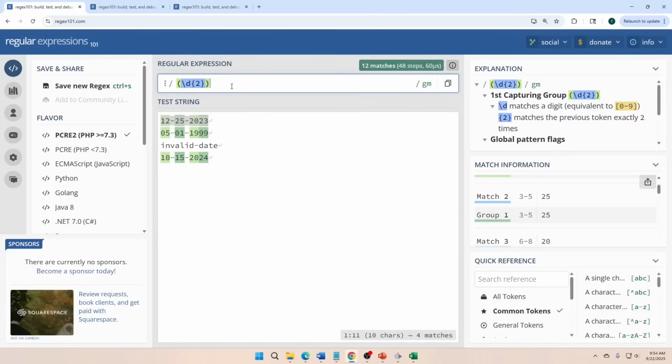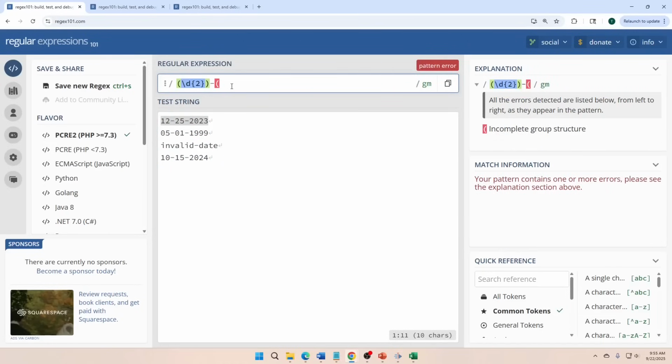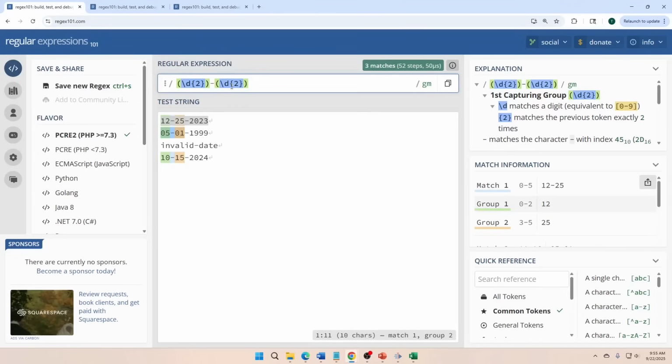So let's continue with our regex. We're going to use a hyphen, so it's going to match the literal hyphen. And we're going to add another group: parentheses, \d, curly brackets, 2, parentheses. Now all of a sudden we'll notice that our match is 12-25, and the first group is 12 and the second group is 25.